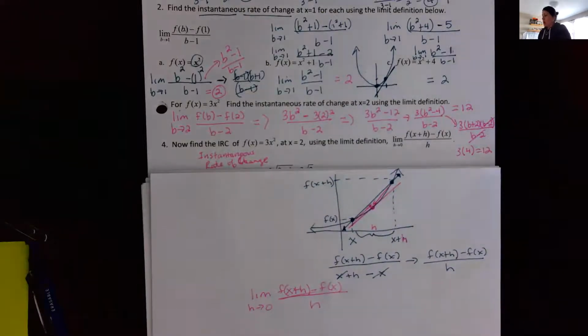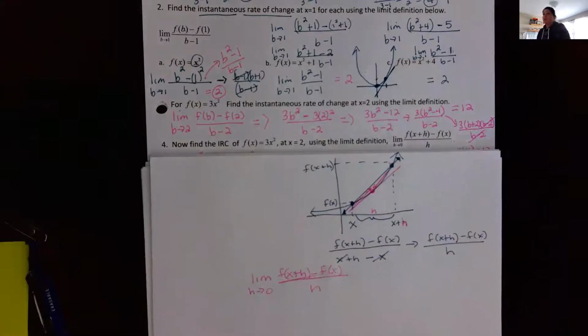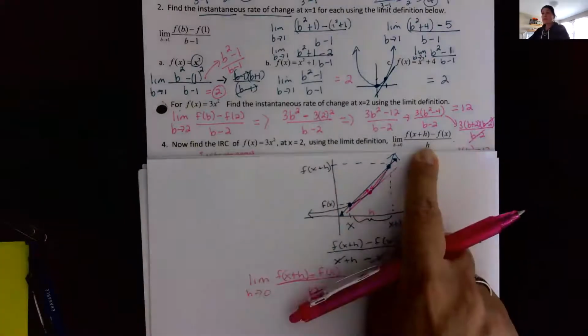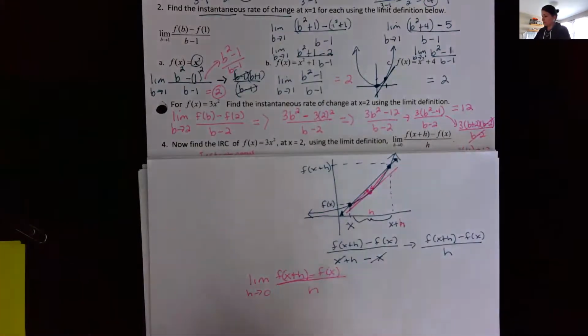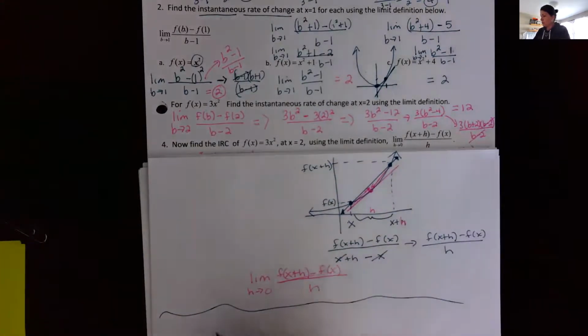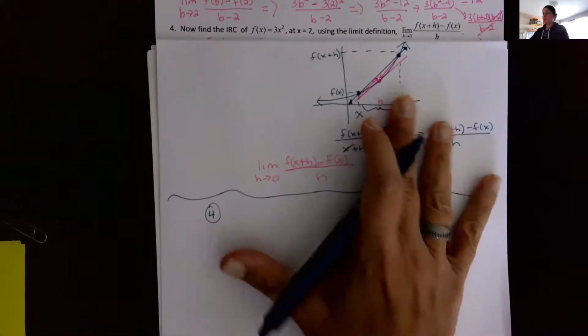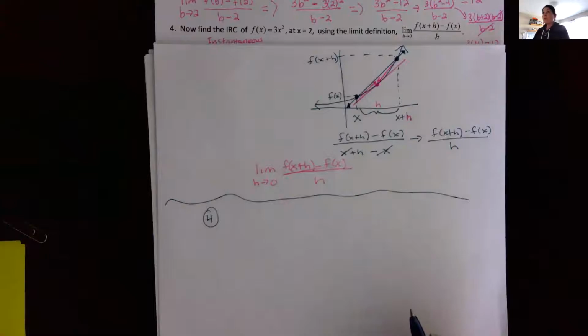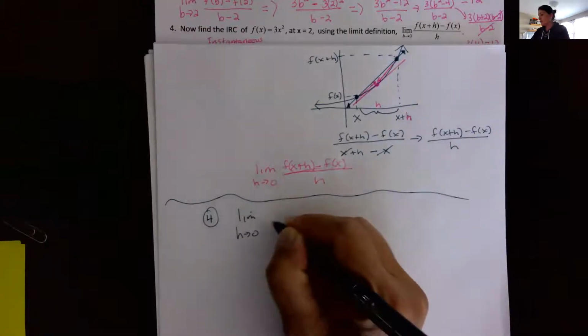Okay? All right, so what I'd like to do is take this problem all the way through using the limit definition. So this is problem 4. So when we go to plug in the limit, h approaches 0.